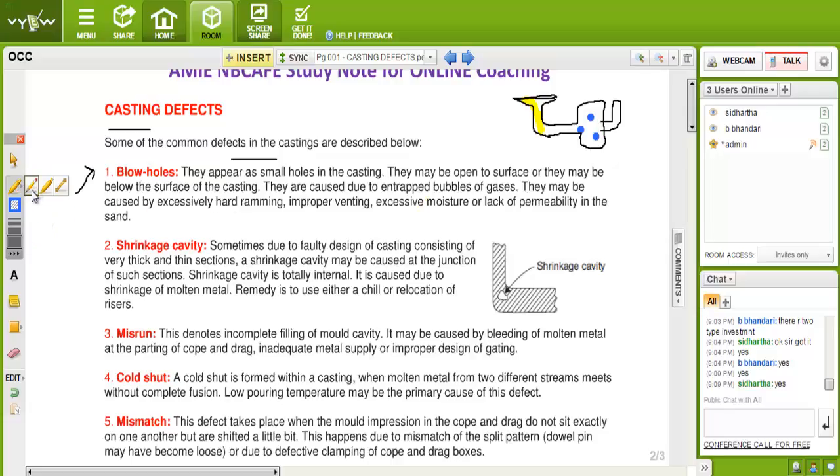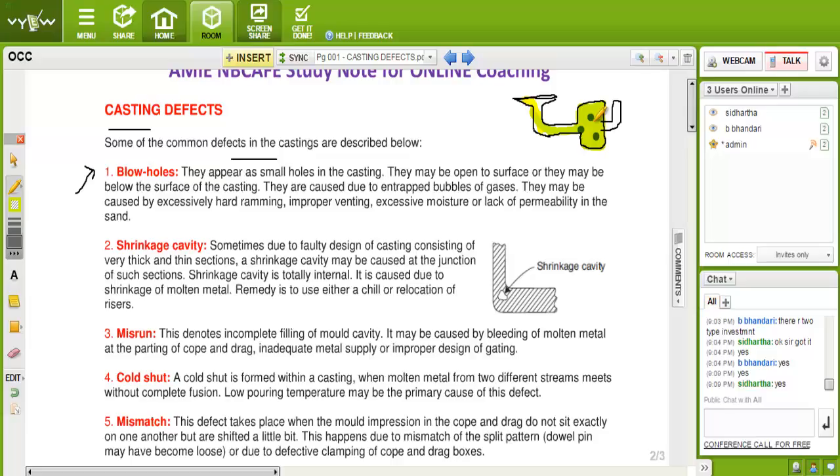Now you pour the metal and it occupies the place inside that. Okay. Now because earlier the bubbles and moisture were present in this mold, this moisture tries to evaporate and it will find a way from where it can evaporate.